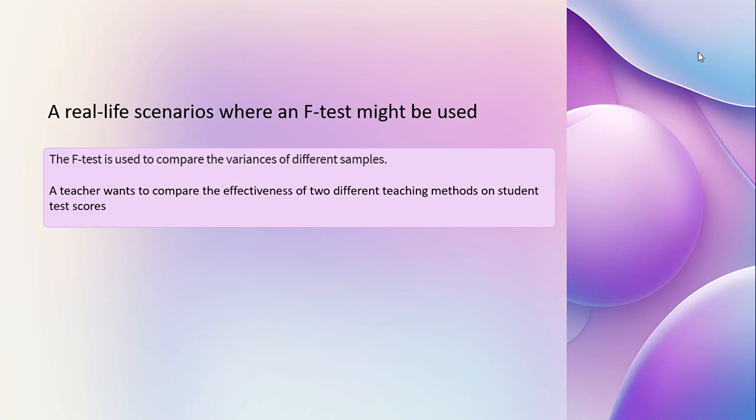For instance, a teacher wants to compare the effectiveness of two different teaching methods on student test scores. Here he might compare the variance of the first method and the variance of the second method, and see which is performing better than the other and what can be more appropriate when it comes to decision making.